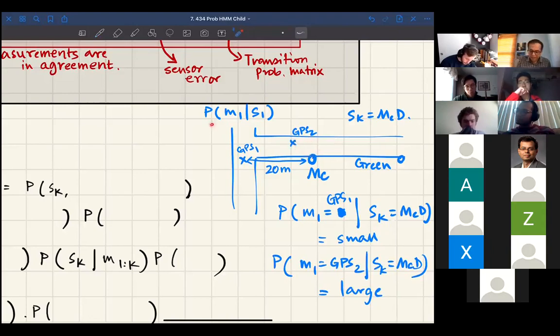Right? So this M1 given S1, that's the meaning. How does the measurement agree with the value of the state that I'm assuming? I assumed that the state is McD. Okay. So this is what M given S means.